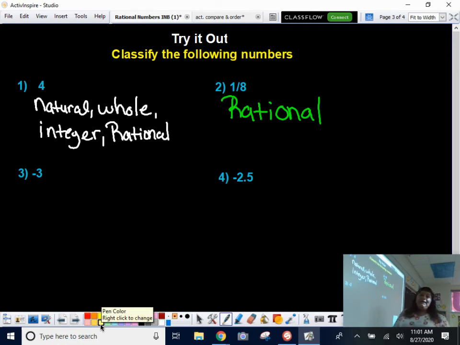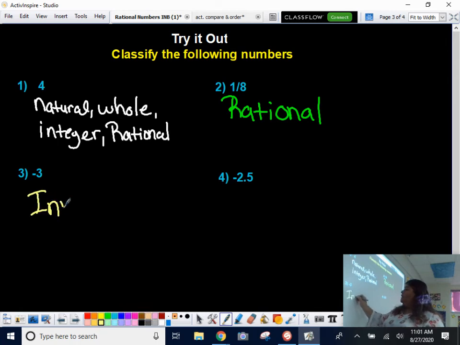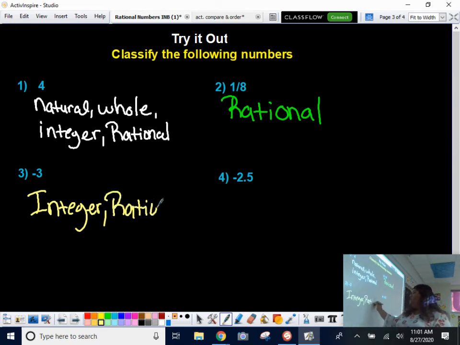Let's go to number 3, a -3. As soon as you saw that negative, you should have thought integer. And then I don't see a fraction, I don't see a decimal, it's just a negative. So this is going to be an integer. And because it's an integer, it can also be classified as rational.